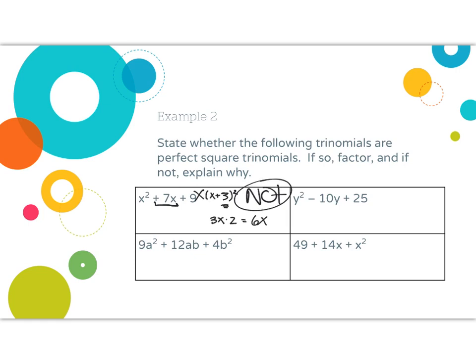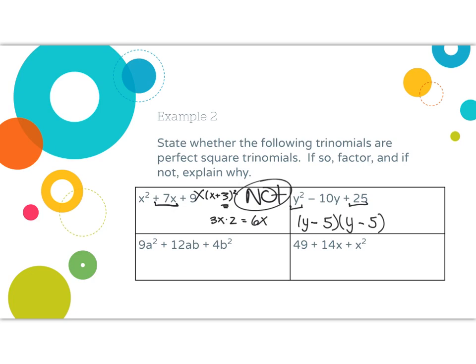Okay. In our second one, we see a 25 and a y squared, which are perfect squares. So I could write this as y and 5 times y and 5. Now we need to decide if it would be a positive or a negative. Now looking at our middle term, it's a negative. And remember, this was 2 times the first and the last term. So if we ended up with a negative, this actually needs to be a negative 5.